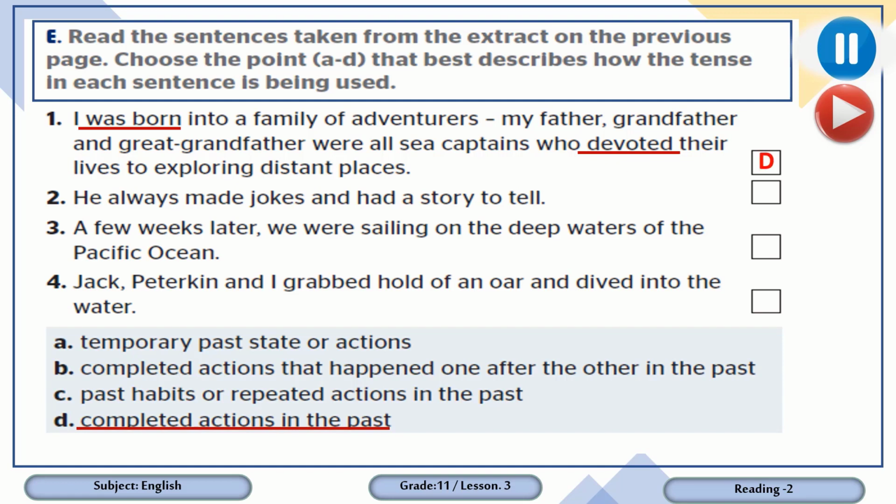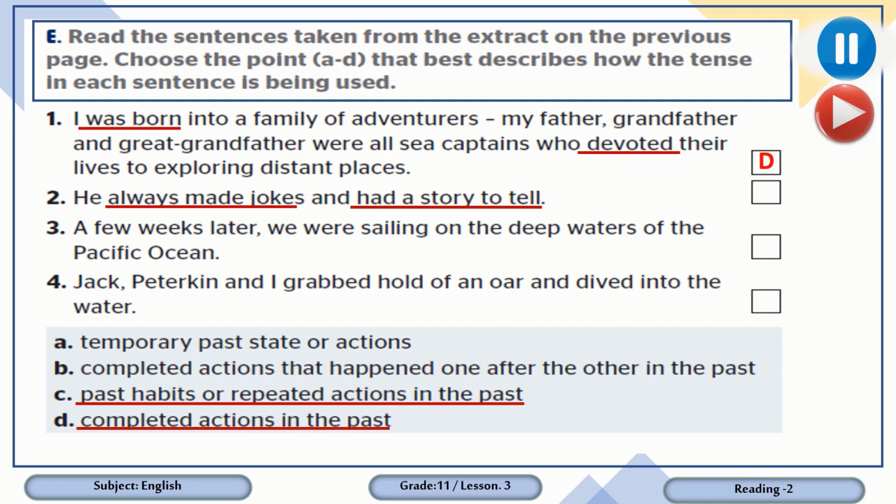Excellent, letter D, because it indicates completed actions in the past. Very good. Number 2. He always made jokes and had a story to tell. So, which description have you given to number 2? Very good. Past habits or repeated actions in the past.